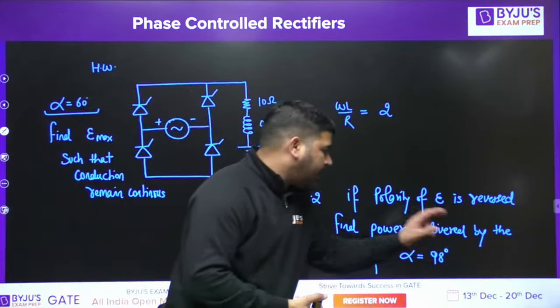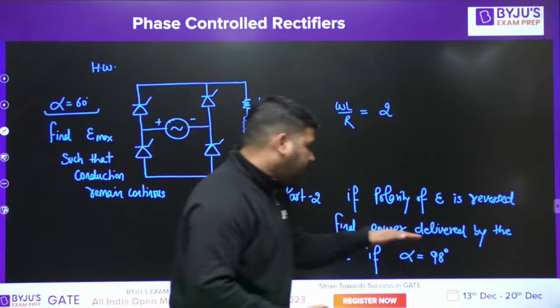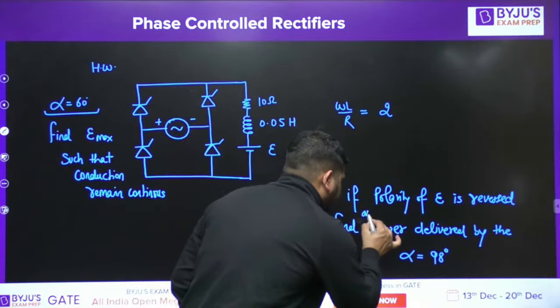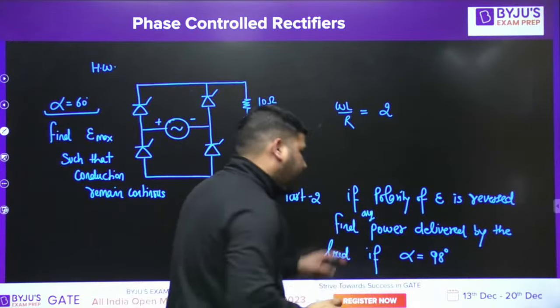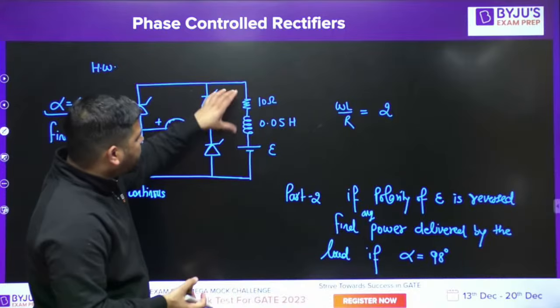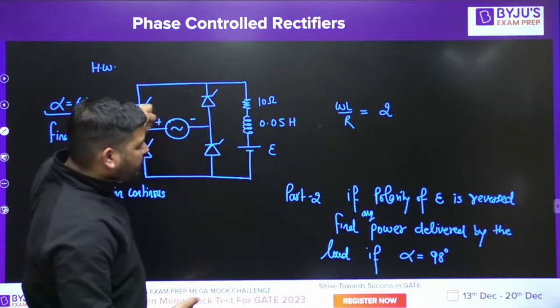If alpha equals 98 degrees, find the average power delivered by the load. It means this load side will deliver the power.